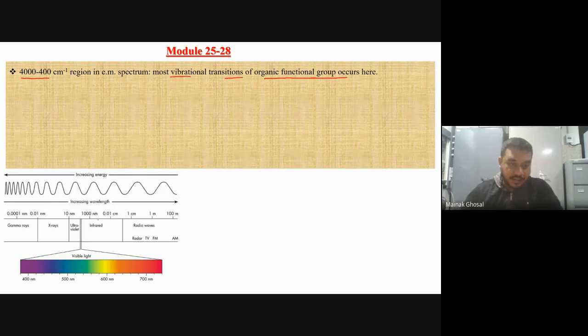If this is the electromagnetic spectrum, you see this region of 4,000 to 400 centimeter inverse. This infrared region is important to elucidate molecular structure, because organic functional groups present in the molecule vibrate in this region.